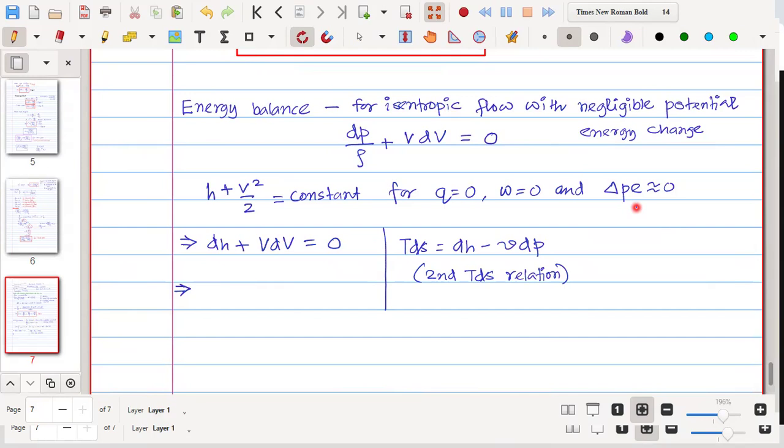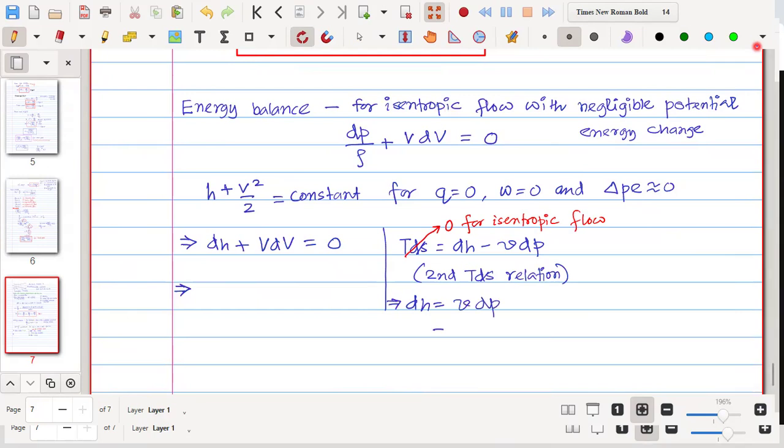Again, here it is isentropic flow, so TdS is 0 for isentropic flow. Therefore, dh is equal to VdP.